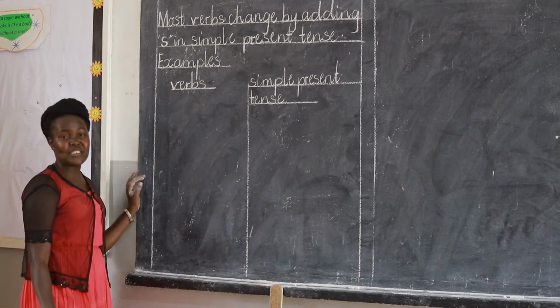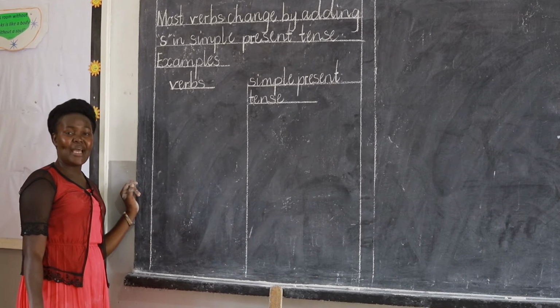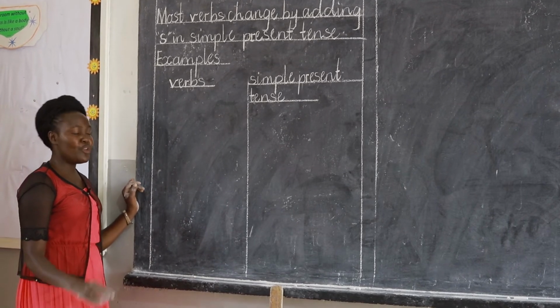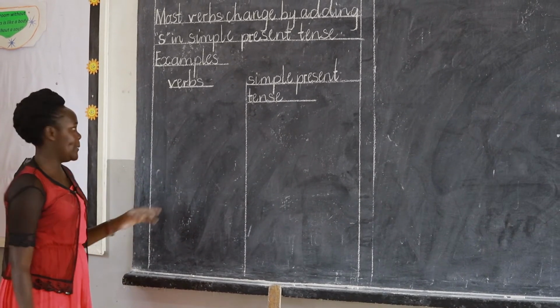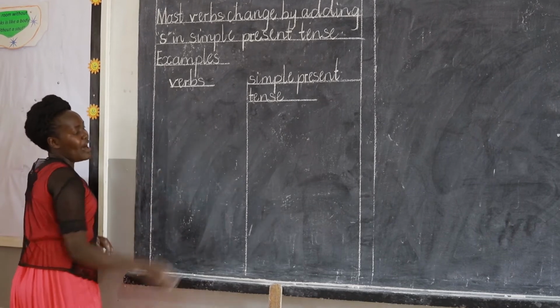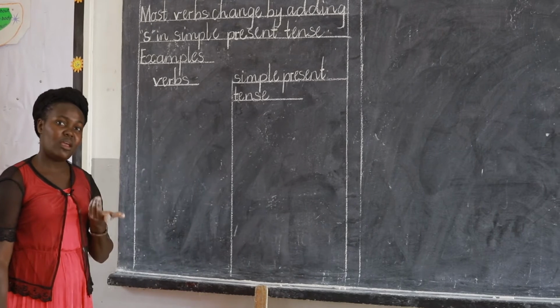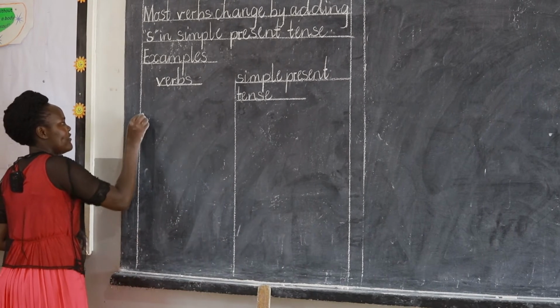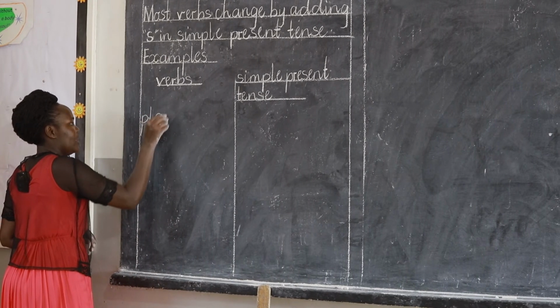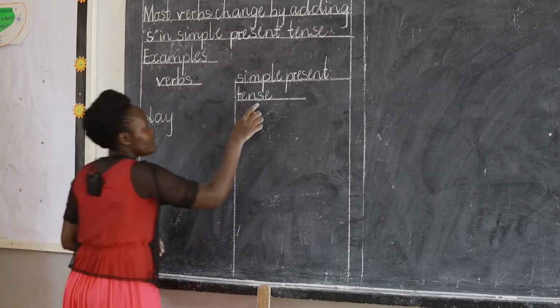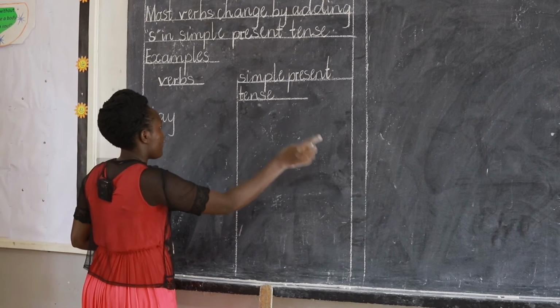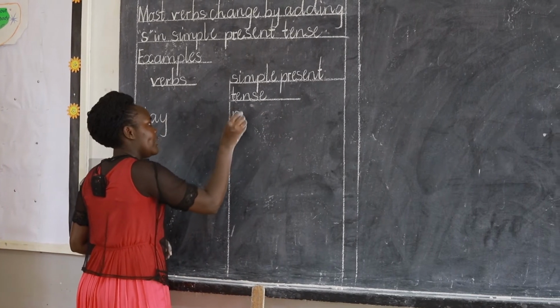I'm going to give you some examples. Add on your list, please, because they are many. For example, I've already given you play, eat. There is play. When it is simple present tense, it will be plays.